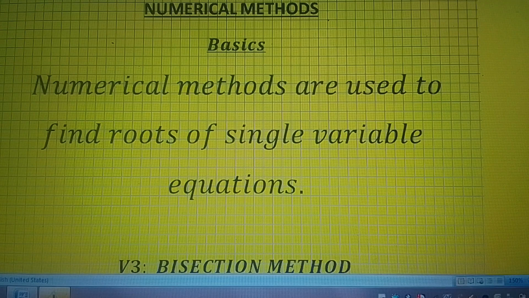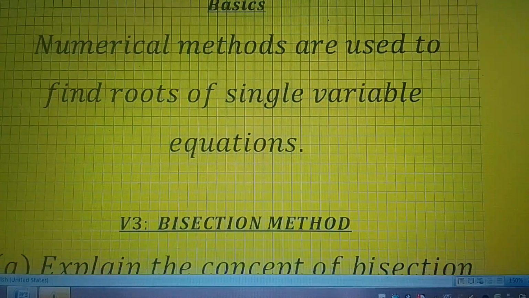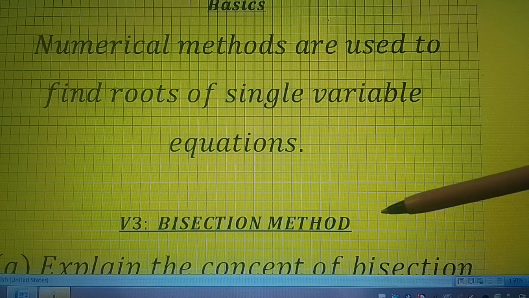Examples of numerical methods that we are going to focus on are the bisection method, Newton-Raphson method, regula falsi method, and others. In this tutorial, our main focus is on the bisection method.